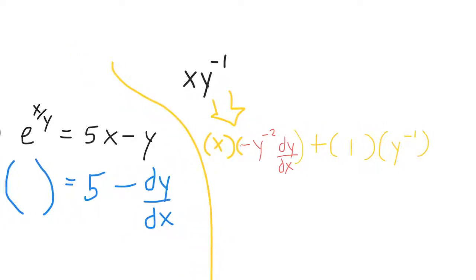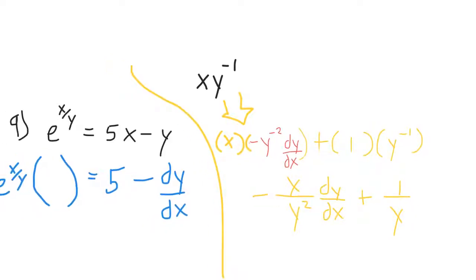So simplified, that becomes negative x over y squared times dy dx plus 1 over y. So that's just a ridiculous scenario.